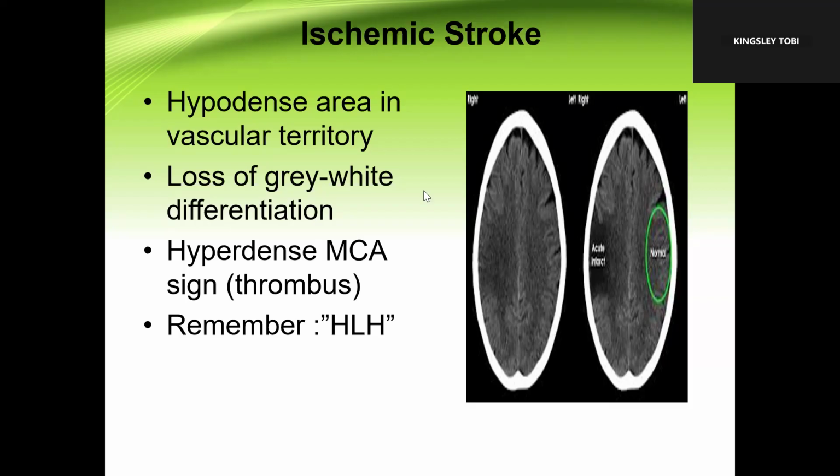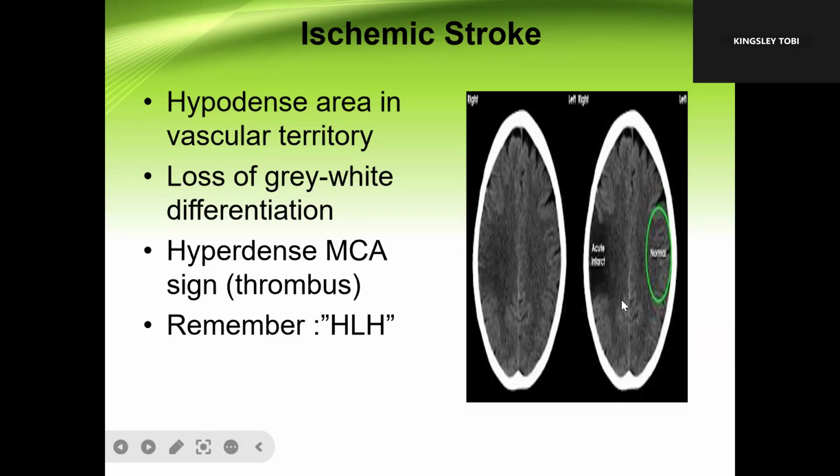Now you can see in this area, there's hypodensity. This lesion is darker than the gray and the white matter, all right? And you can see that there's loss. You can't usually differentiate between the gray and the white matter, okay?